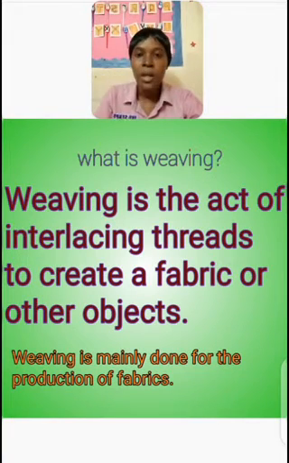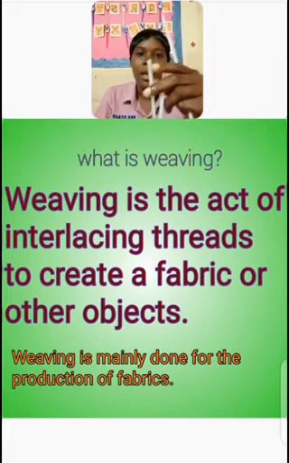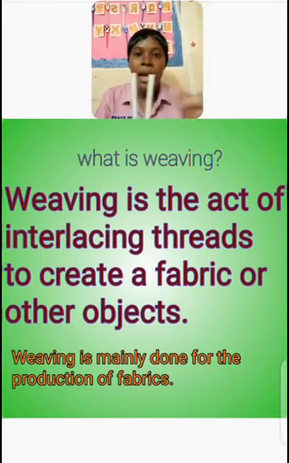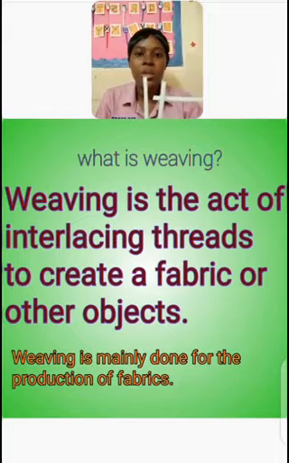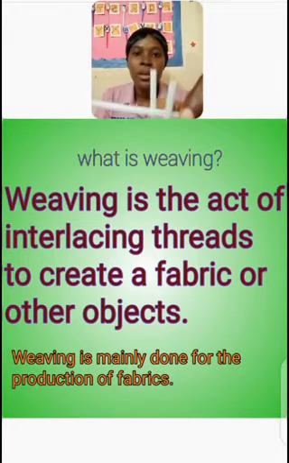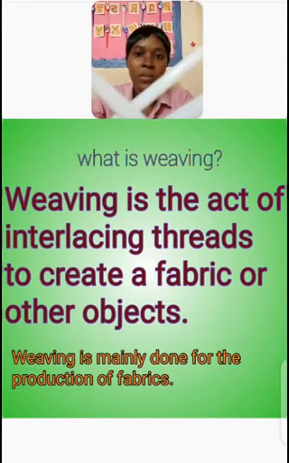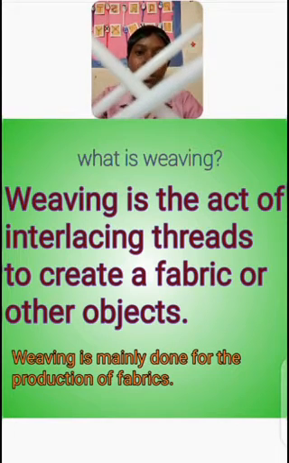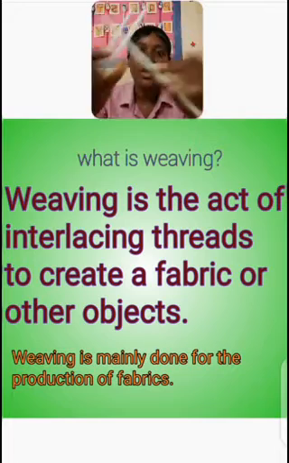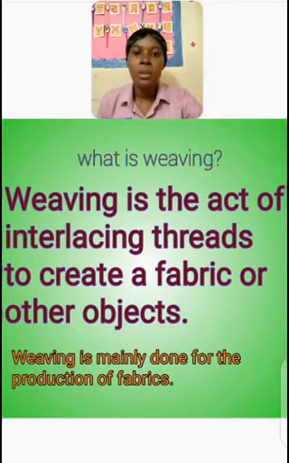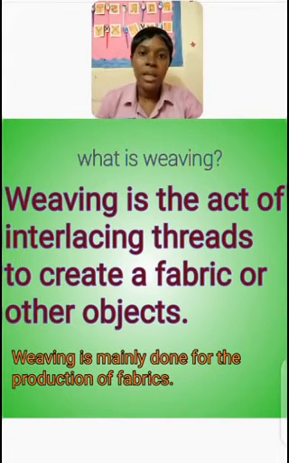You see them? Okay, so here I have two drink straws. If I want to interlace, I can simply put this at the top. This goes to the top and the other passes through the bottom. I want you to see it very clearly. Do you see it now? That's interlacing. That's what interlacing really means.